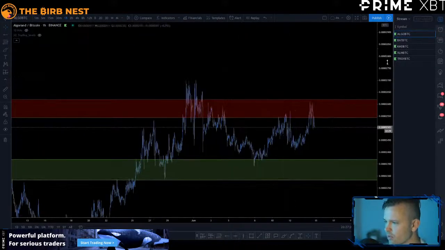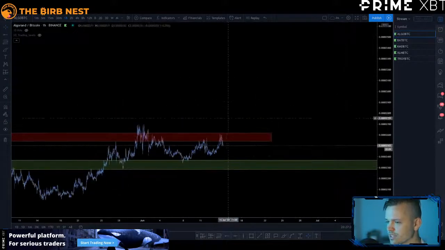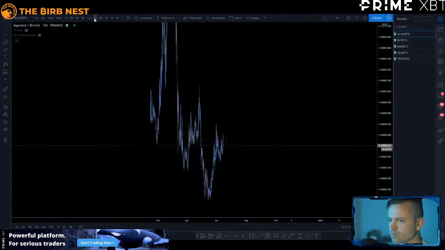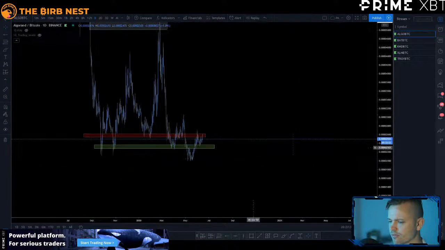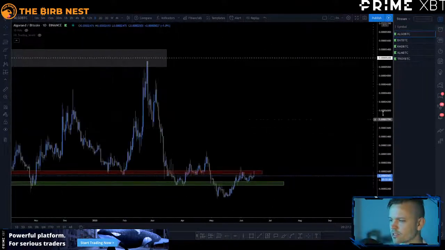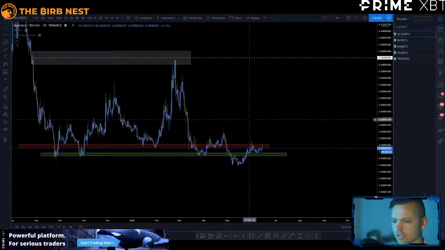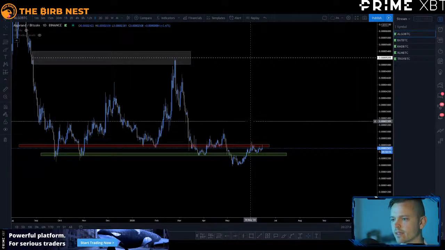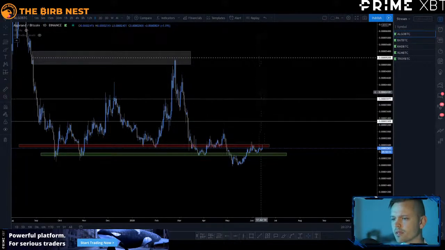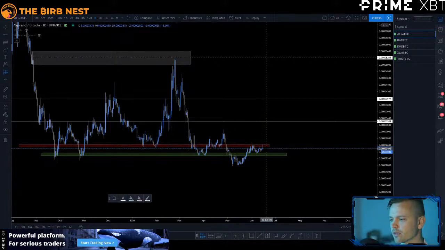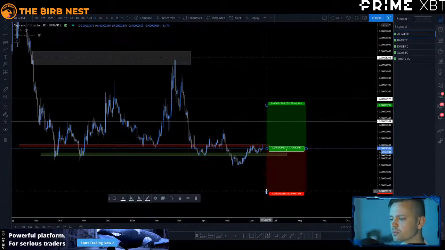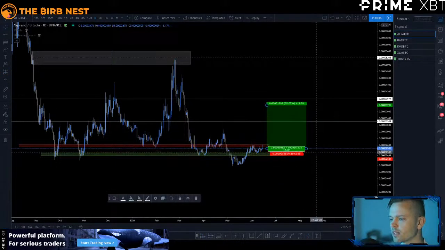It's worth the risk, because the risk to reward on this one is very high if you enter down here, because the take profits would be in this area, up here, and all the way up here. So the risk to reward by longing this area here with a stop below this area is just pretty insane, right?